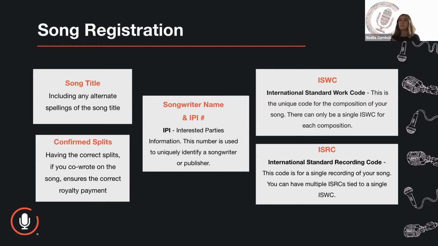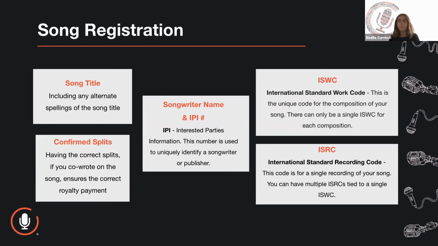So as you can see here, we have the song title, pretty self-explanatory, but something that I do want to mention about the song title is you do want to make sure you're including alternate song titles as well, whether it's in another language or something maybe with radio edit in parentheses if you do have a version of your song that way. Next up, we have the songwriter name and IPI number.